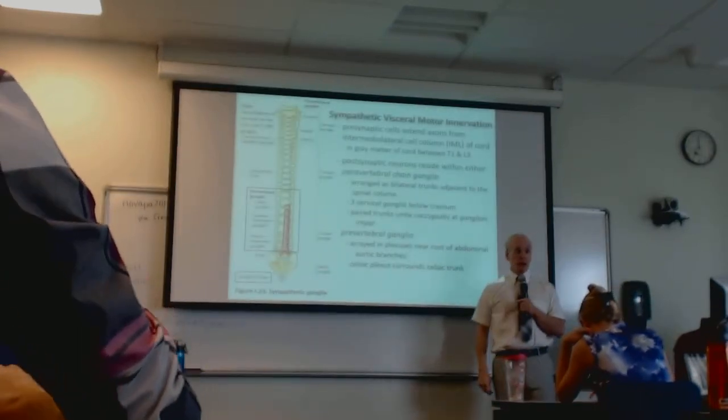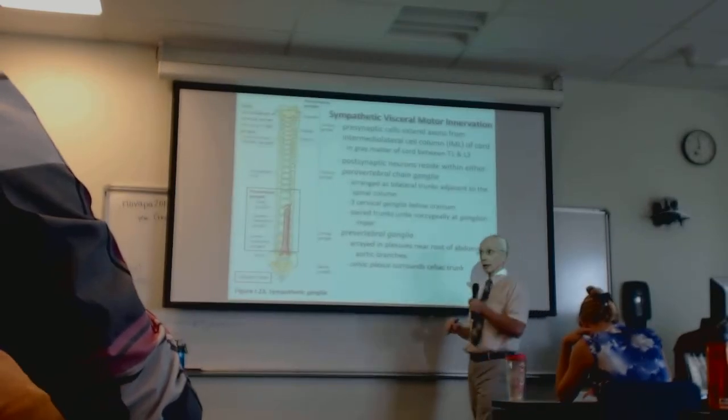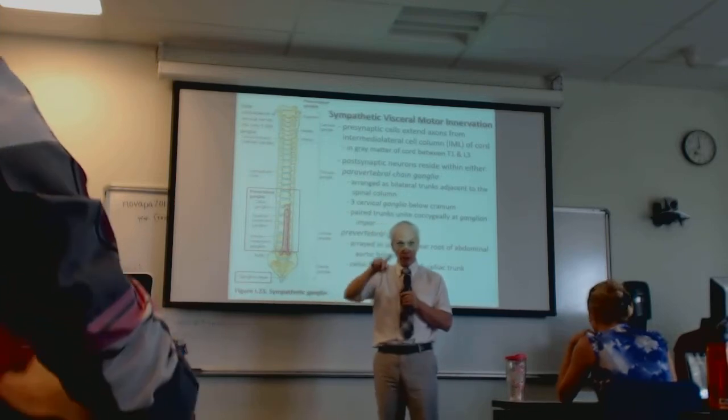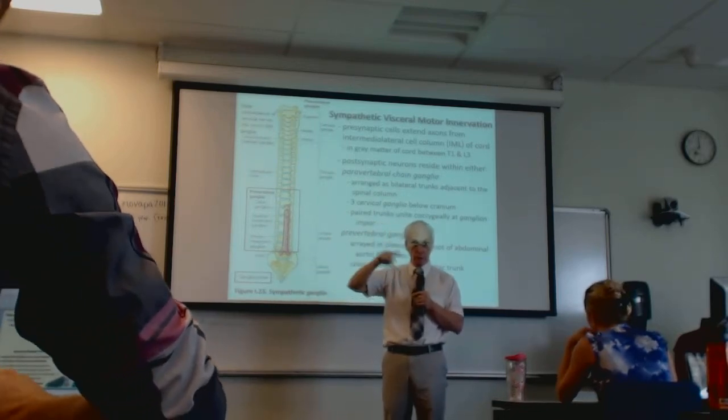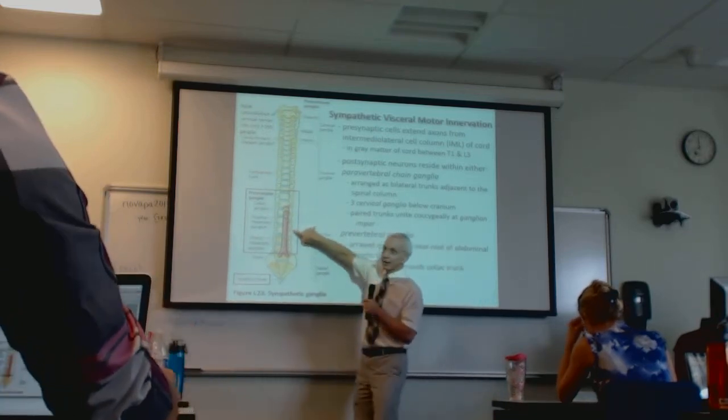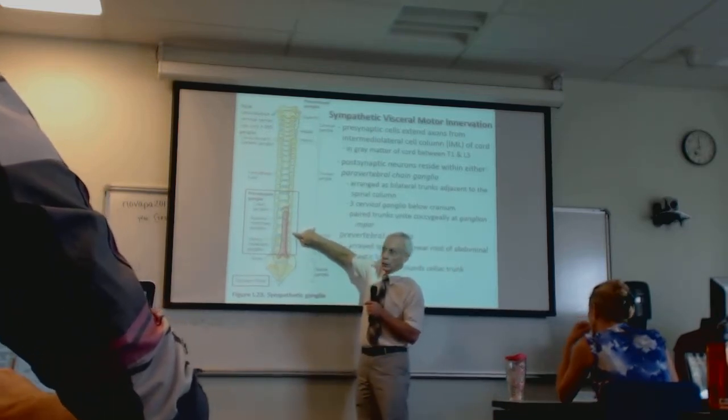In any autonomic pathway, and we're talking about the sympathetic now, there are 2 neurons between the cord and the effector. There's the preganglionic and the postganglionic. This is the chain ganglia.